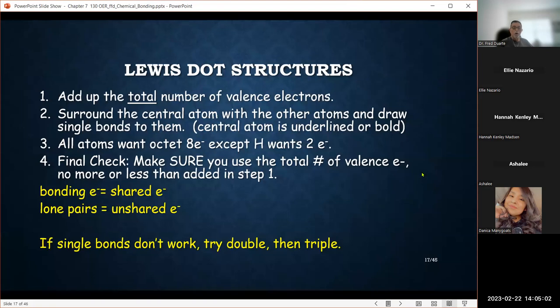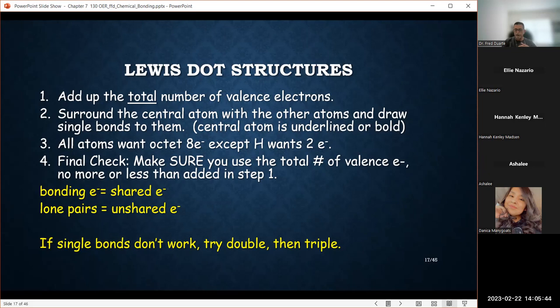Now, once you determine how many valence electrons you have for the molecule, that is the number that you have to work with. So if you have 10 valence electrons, you've got to work with 10 valence electrons. You cannot just magically add more or remove. So if you don't have enough electrons to fulfill the octet of all of the atoms involved in the structure, that is where you start forming double bonds.